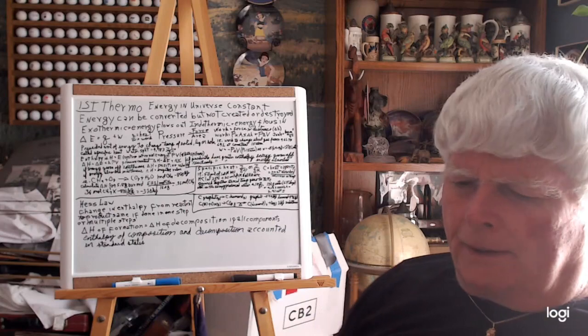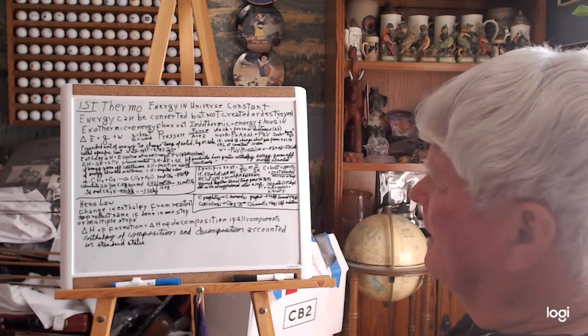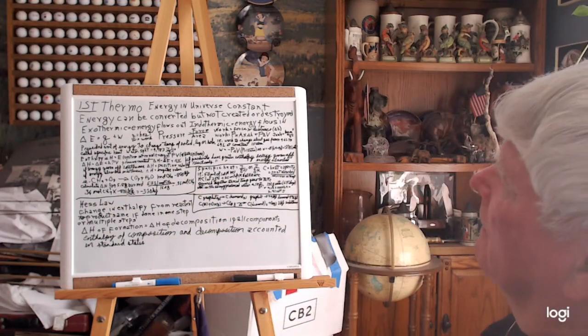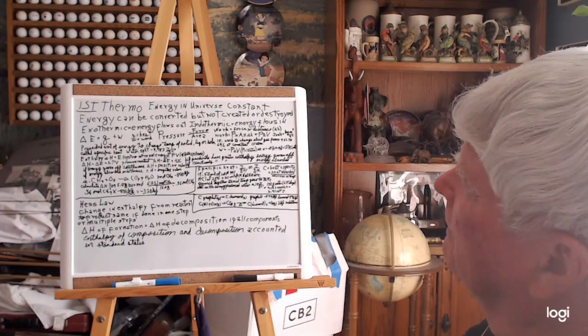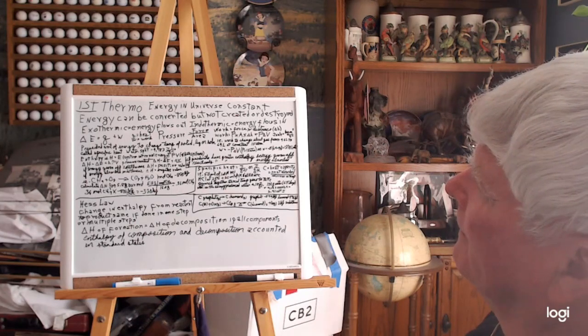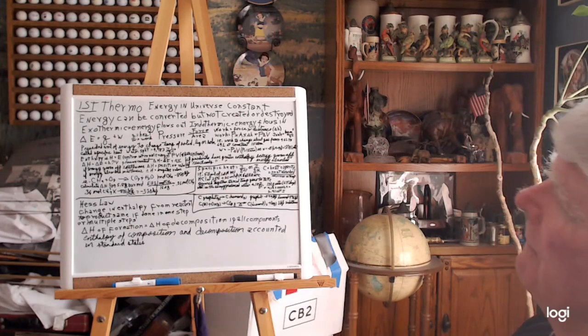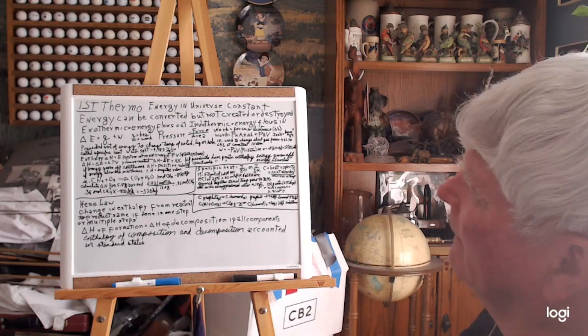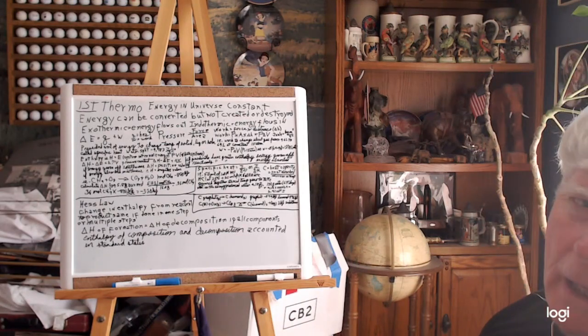All right, up here we have delta E, which is equal to Q, which is heat, plus W, which is work. I should, again, tell you to get some cards and keep up with these things.